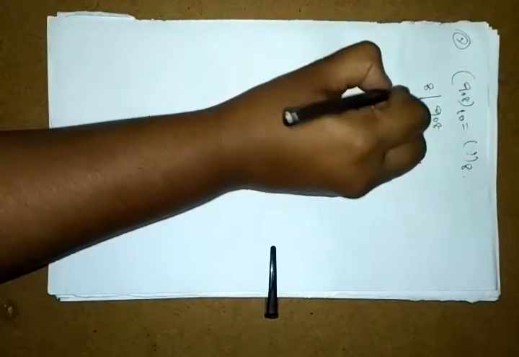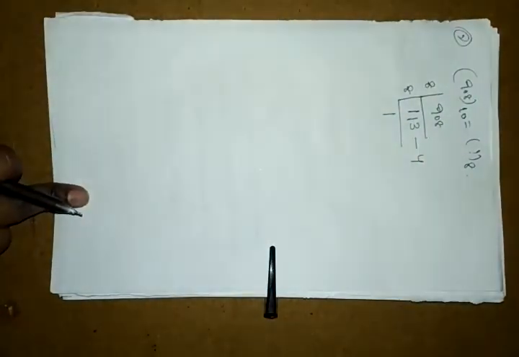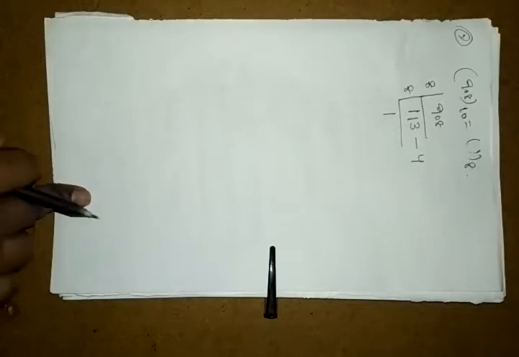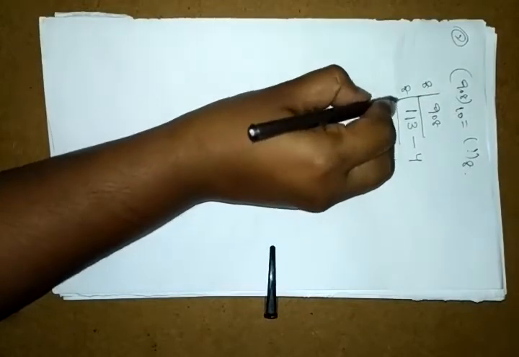Next go with 8 again. 8 ones are 8, and we have 33. 8 fours are 32, and we have remainder 1.